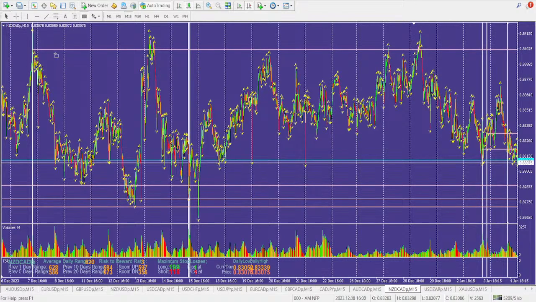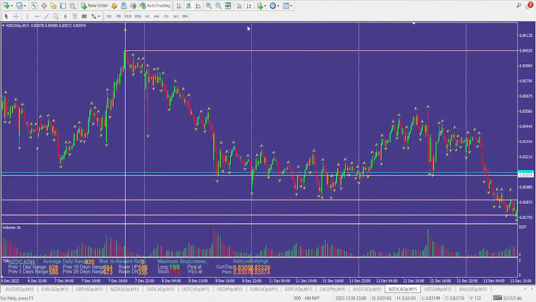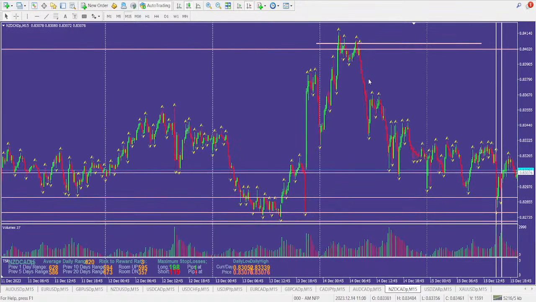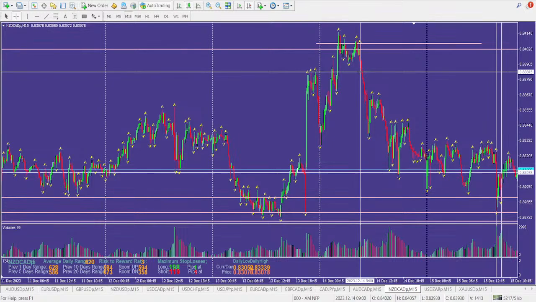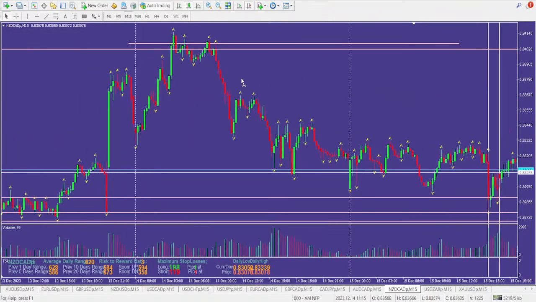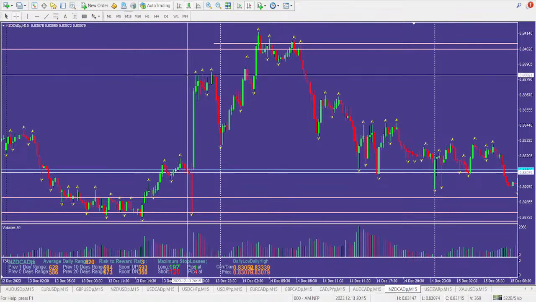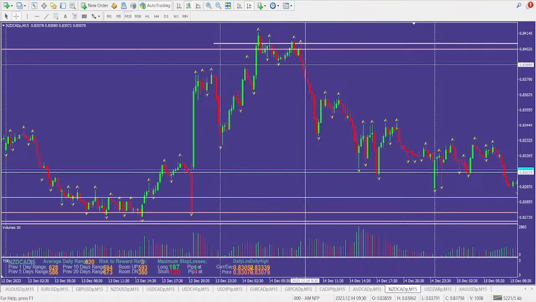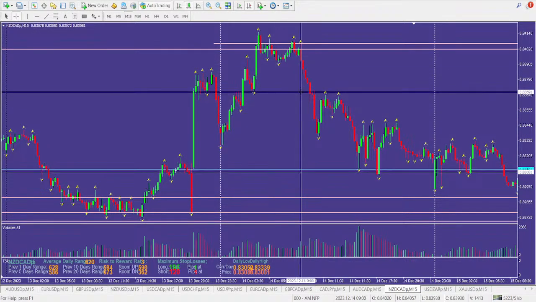So as you can see, price been testing this level over here. If we go here, let's see, did price test this level with high volume? So here we can see price did test this level with the high volume spike over here.